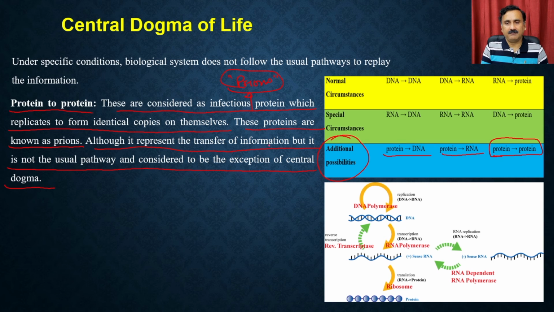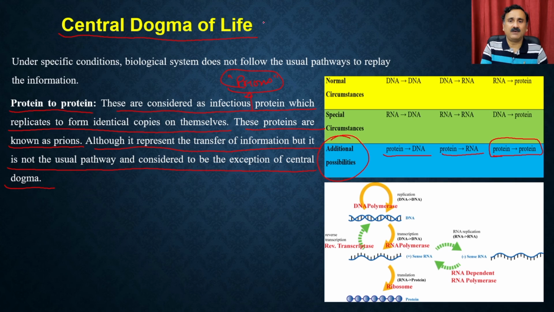So we have discussed the importance of the central dogma of life, or the central dogma of molecular biology, and how and why there is a requirement of such a pathway, right? We require that pathway so that the DNA can precisely control the production of RNA, and in turn it can also have full control over the protein molecule. Not only that, the DNA is going to have the information which is more stable, right?